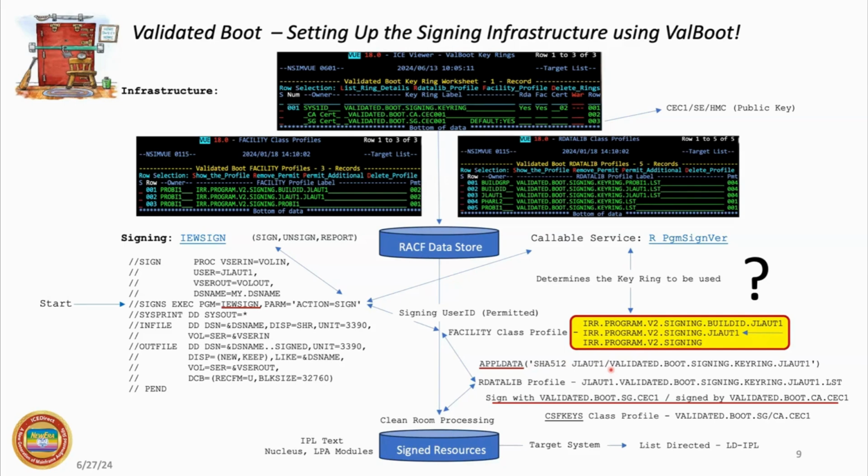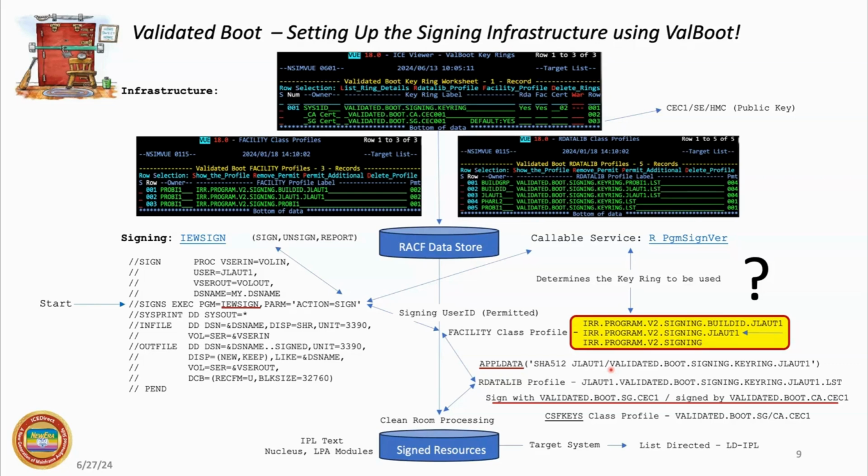If we find it, the next thing that's going to happen is that our data log profile is going to be queried to determine whether or not the specific user that's calling for it is actually able to have either, excuse me, alter or update access to it. If it does, then it continues on to validate the certificates to make sure that they have the appropriate profiles in the CSF keys class so that they can be used in the signing itself.